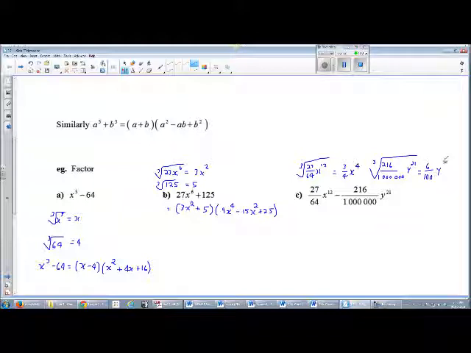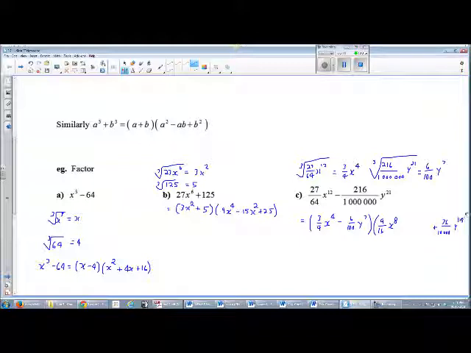So all of this will equal 3/4 x to the power 4 minus, because it's the same here, 6 over 100 y to the power 7. That's the short bracket. The long bracket, we've got 3/4 x to the power 4 squared, so 9/16 x to the power 8, plus 36 over 10,000 y to the power 14.